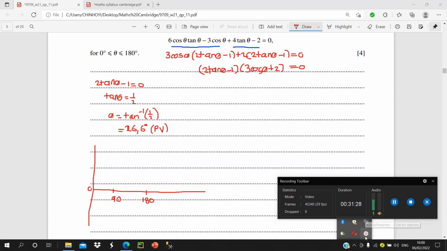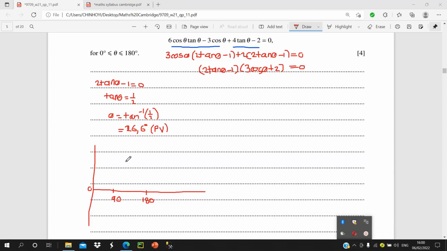The graph of tan is asymptotic at 90 degrees. It doesn't cut 90 degrees, because if you punch your calculator tan 90, you get an error. So this is the graph of tan theta.